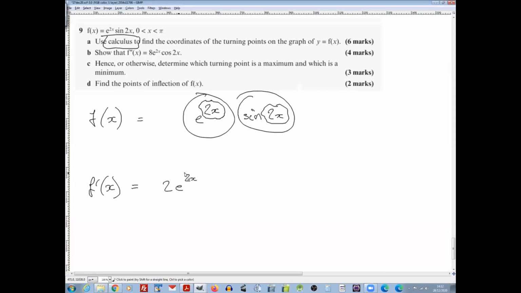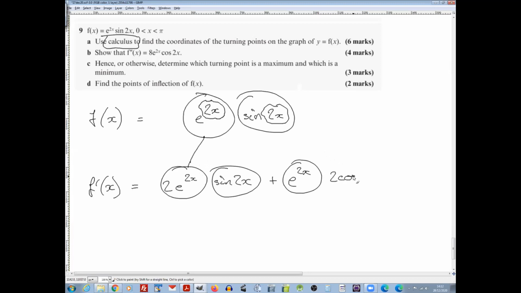Times sine 2x, good. Plus e to the 2x times cos 2x, times 2. So it's 2 cos 2x, you see?